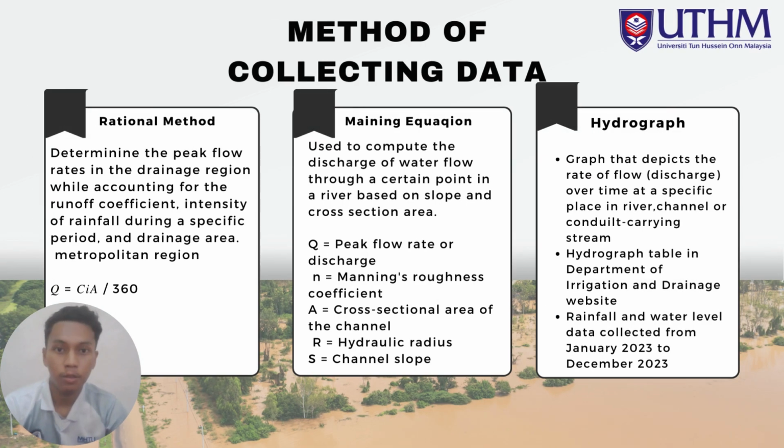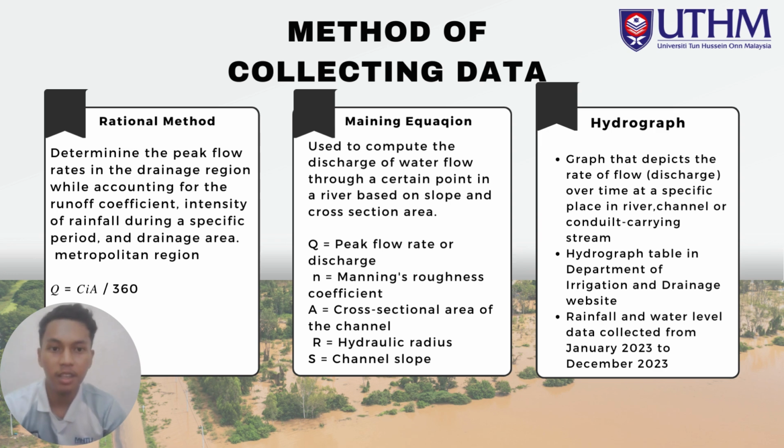Next, our group used three methods to complete this project. First is the rational method, to determine the peak flow rates in the drainage region while accounting for the runoff coefficient. Second is the Manning equation, used to compute the discharge of water flow through a certain point in a river based on slope and cross-sectional area.